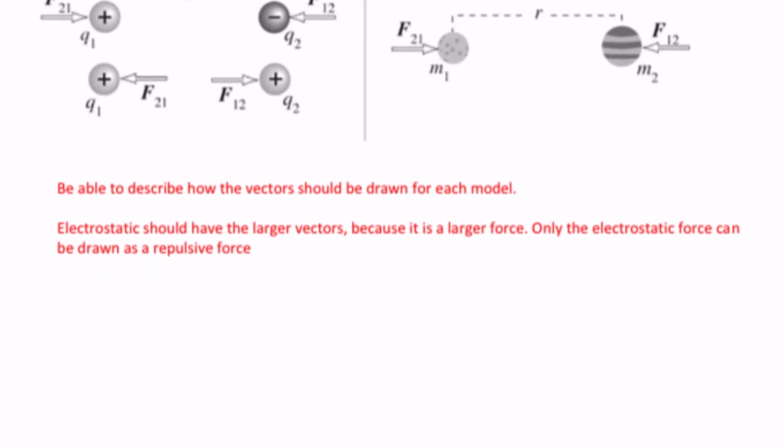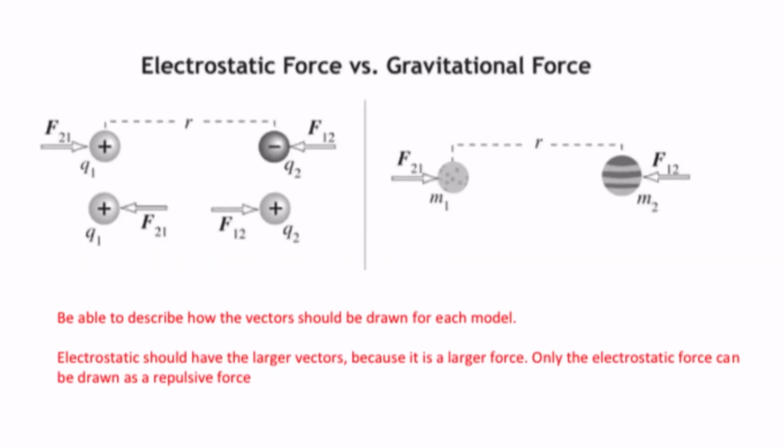We have to describe them. Electrostatic should have larger vectors because it is a larger force. Only the electrostatic force can be drawn as a repulsive force. So that's basically what I just went over.